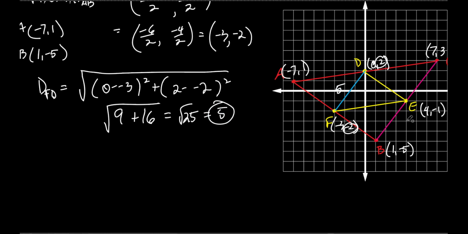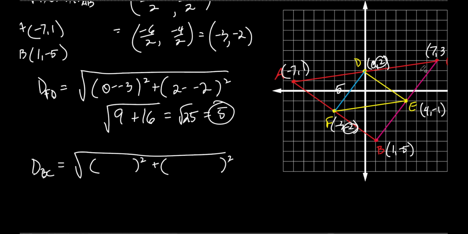What's the length of the pink one? What should it be? 10. Let's just do it really quick just to make sure, and then we'll be finished. So the distance of BC. So what do we do? Square and add the squares. Of BC, let's subtract the x's. 7 minus 1. Let's subtract the y's. 3 minus negative 5. 7 minus 1 is 6. 6 squared is 36.